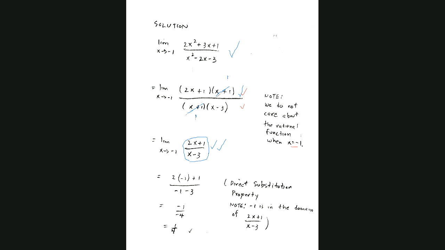The book gets a little bit technical, but the direct substitution property says that if you're taking the limit as x approaches -1 of 2x plus 1 over x minus 3, there's no problem at x equals -1 for this particular rational function, and therefore you can just substitute in -1 and you'll compute the limit to be 1/4.